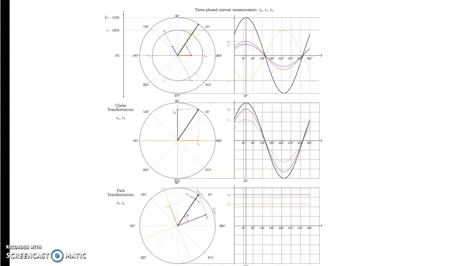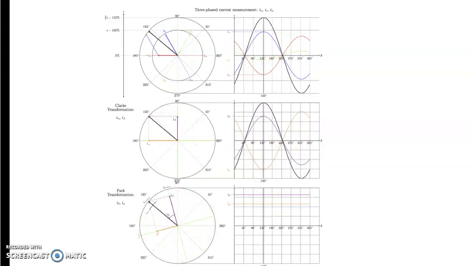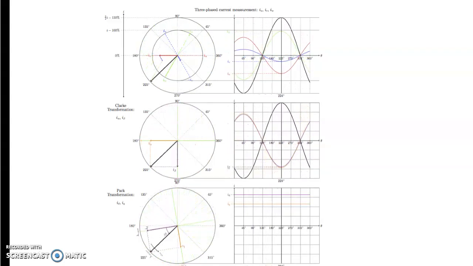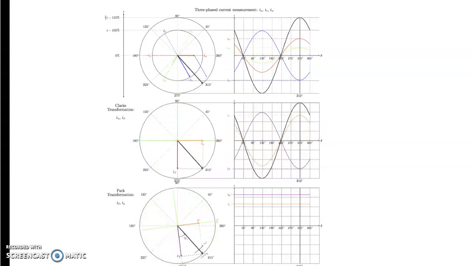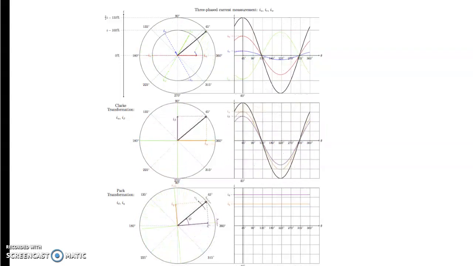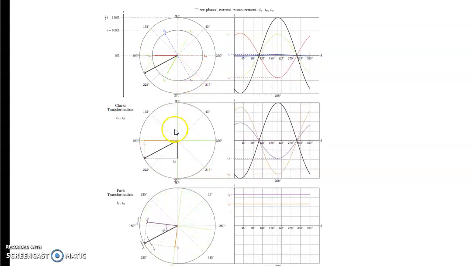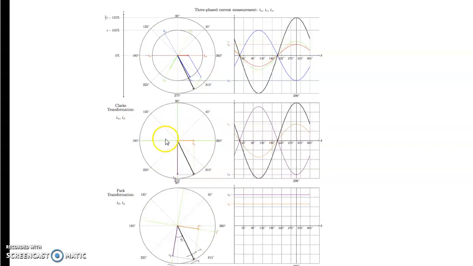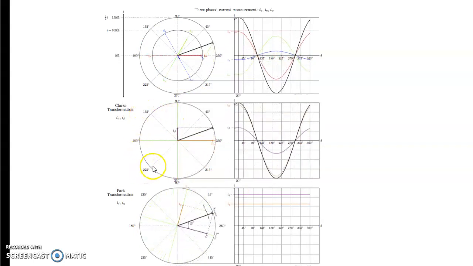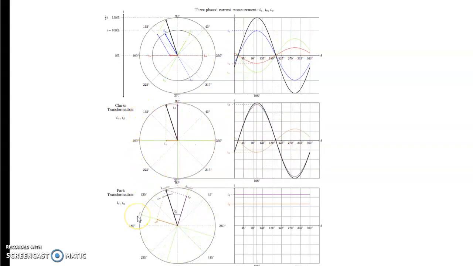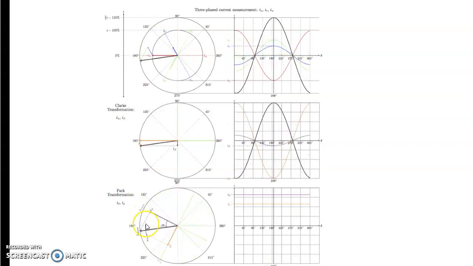Then you can directly control, and after the control action you need to retransform it into ABC. ABC to alpha beta is known as the Clarke transformation, and alpha beta to DQ is known as the Park transformation.